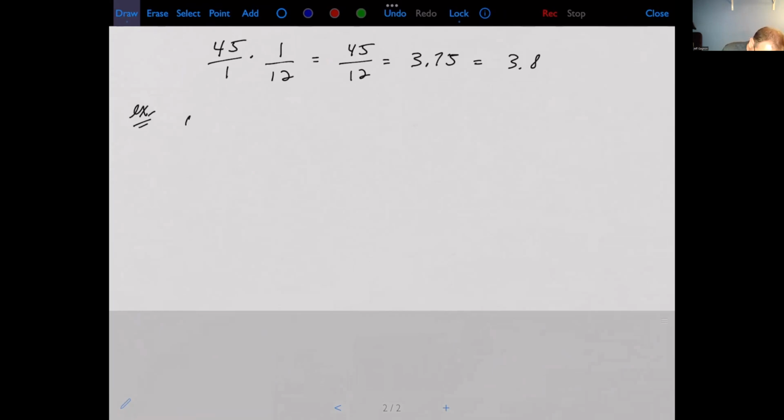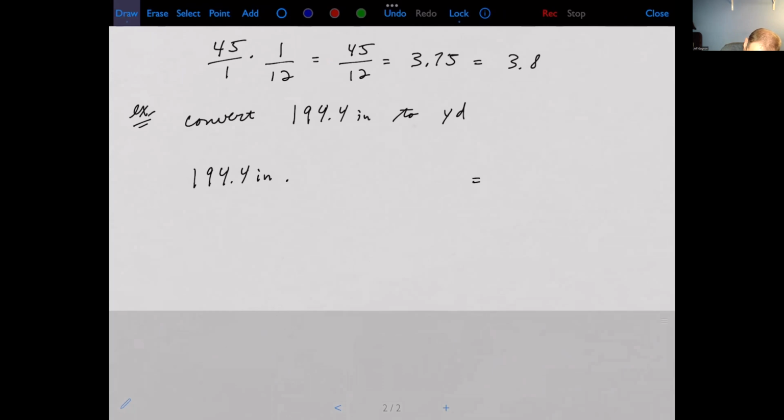Let's say I want to convert 194.4 inches to yards. Okay, so I have 194.4 inches. That's what I started with.